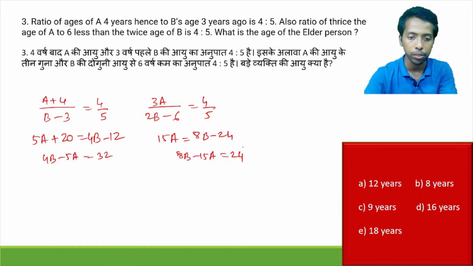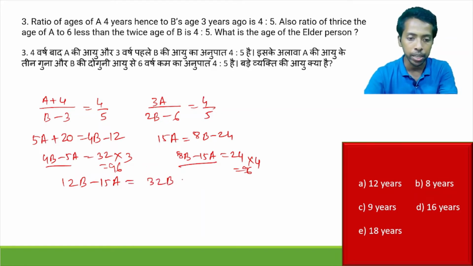Right, and now this multiplied by 3, this multiplied by 4. So this is 12b minus 15a equals, because both are the same on the right hand side, 96, so we can equate these two, right? And this is 32b minus 60a.